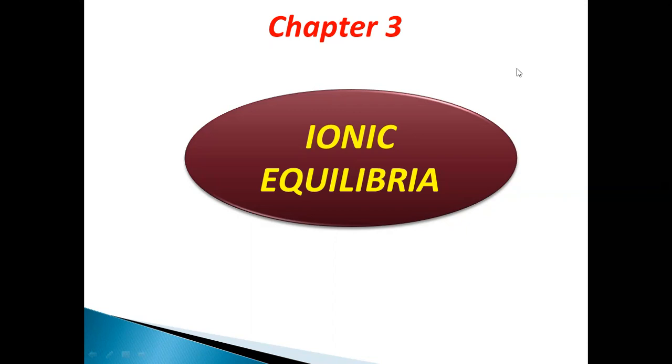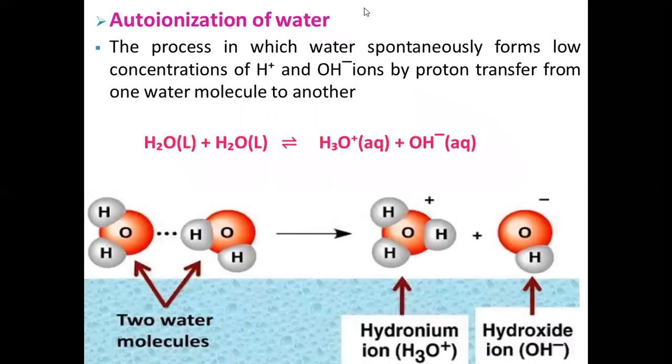Now, today we are going to discuss the next topic, which is autoionization of water. The word auto itself gives its meaning. As we know, auto means itself, and ionization means dissociation.